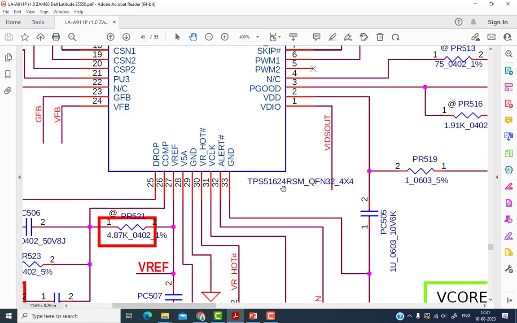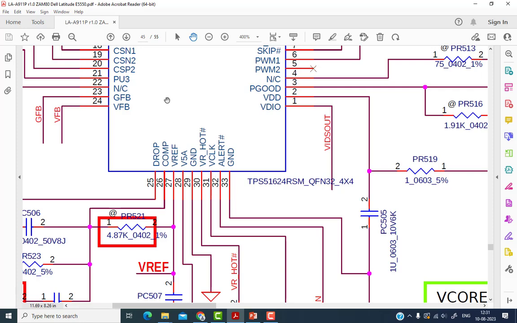The TPS means this chip is from Texas Instruments. I already told you there are a number of manufacturers who make these power chips. One is ISL, then Richtek, then Maxim, and then Texas Instruments. So here the Texas Instruments chips are used in the CPU core power sections.